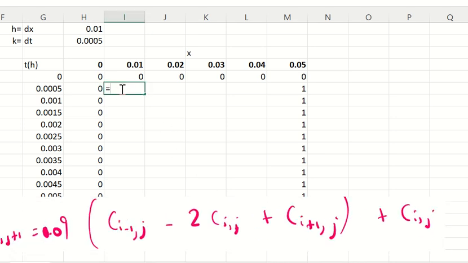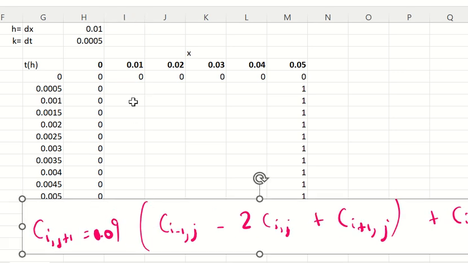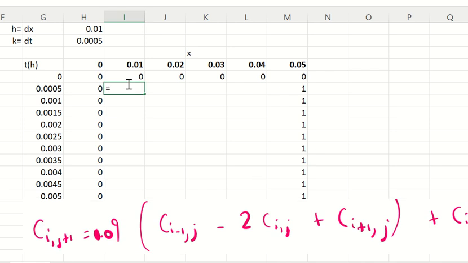So 0.09 multiplied by Ci minus 1. You are on i now. Sorry, so it's equal to 0.09 multiplied by, you are on i now. So i minus 1 will now be a step behind, a step to the left.